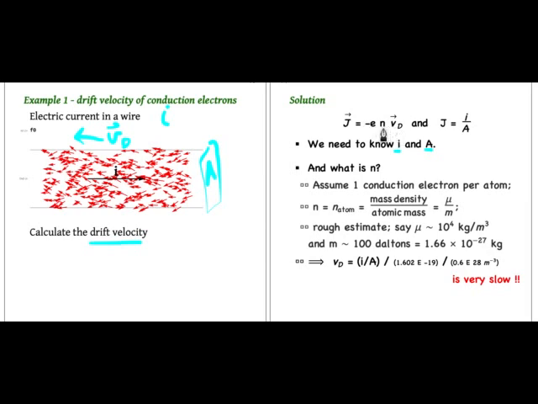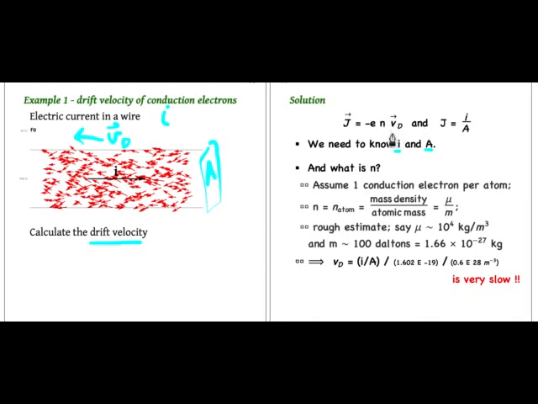This n is the density of conduction electrons, number per unit volume. And I also have the relation that current density is current divided by area. Remember, it's amps per meter squared. Current is amps, area is meters squared.